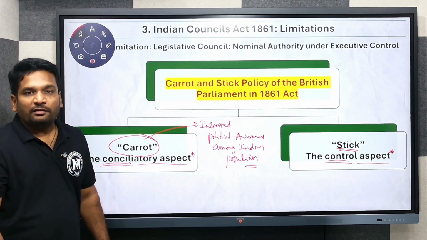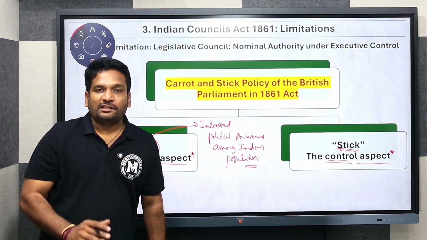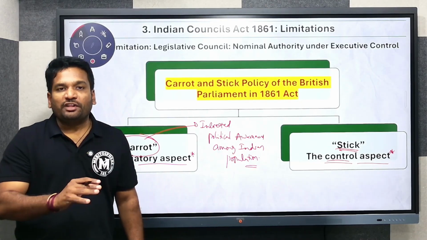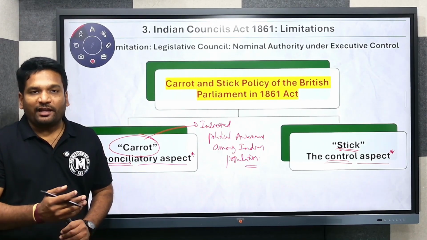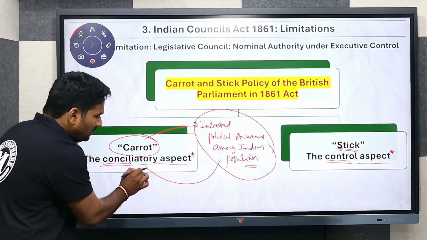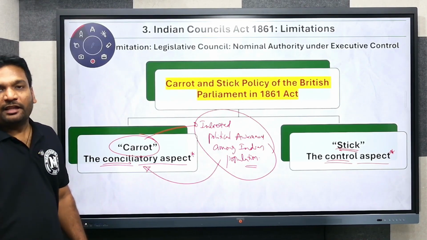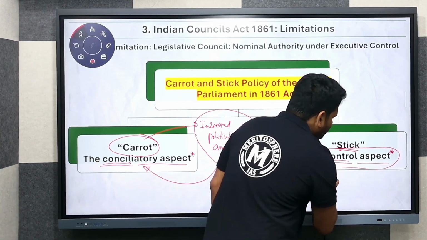They were distributing pamphlets and generating public opinion. So there was increased political awareness in the Indian political landscape. To pacify them, conciliatory measures were included under the provisions of the 1861 Act. Got my point? Now the stick, the control aspect.